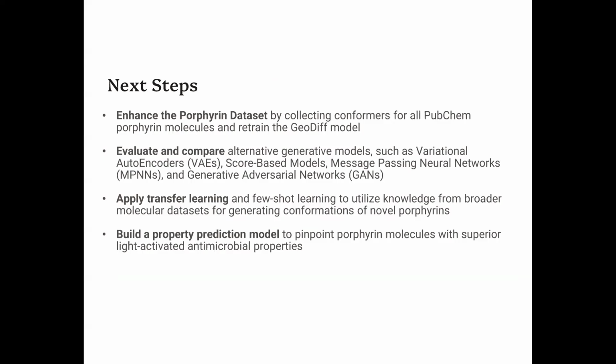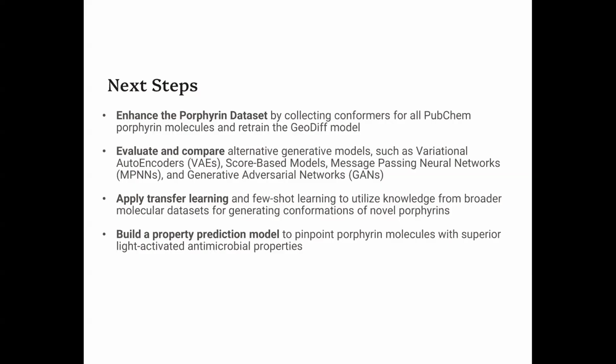The next steps will be to enhance the porphyrin data set. We have to be able to calculate conformers for the other molecules and retrain the model again, and possibly compare the results with other generative models, such as variational autoencoders and generative adversarial networks.